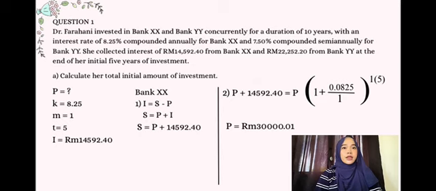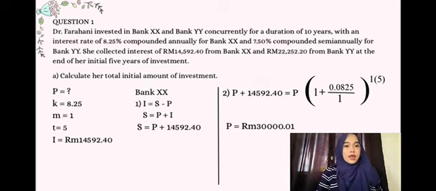She collected interest of 14,592 ringgit and 40 cents from Bank XX and 22,252 ringgit and 20 cents from Bank YY at the end of her initial 5 years of investment. A. Calculate her total initial amount of investment.